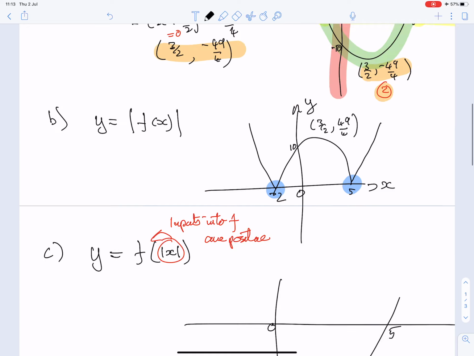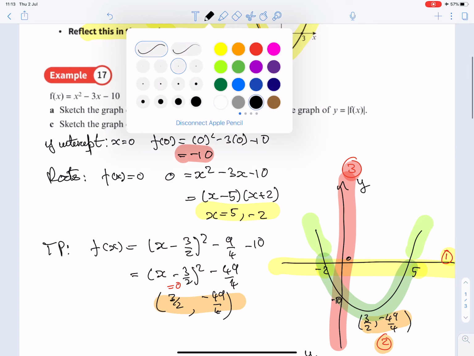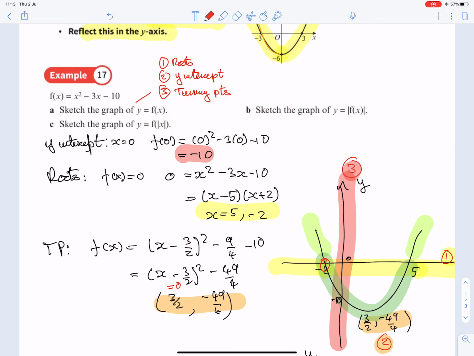Now, when we start with a negative value, say negative 2, it becomes positive 2 because the modulus of negative 2 equals 2. We come down, we read that off the graph, and then it gets plotted back over here. So it's going to do this kind of thing.